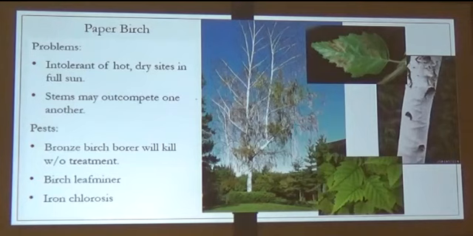So the bronze birch borer, if you can see this zigzaggy line going up here, that's where the larva is feeding underneath the bark. And the bark is so thin that you can actually see the raised line, like a little mole going through your yard. It's going through the trunk that way. Now, you don't always see that, but you can see it in many cases.